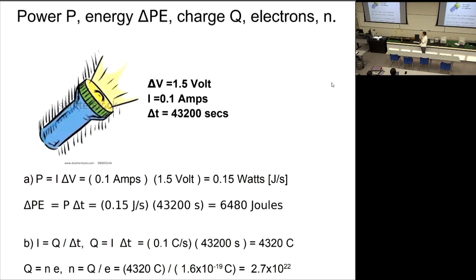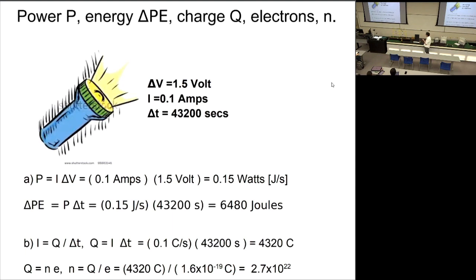I multiplied by 60, and then multiplied by 60 again, and I got this number here. This is the number of joules of energy that is supplied in those 12 hours. It's actually an enormous amount of energy, almost 7,000 joules. It just dribbles out of that battery, 0.15 joules each second. But if you wait 12 hours, that's a lot of energy.